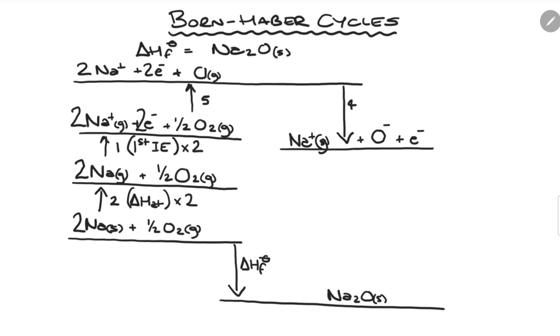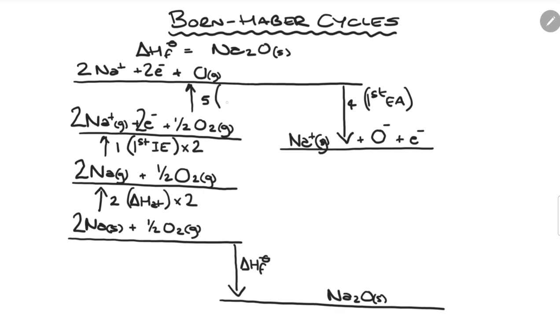The sodium ion is already created, sorry, this is a gas. So we've used one of the electrons to do the first electron affinity, as we called it in the previous clip, where that oxygen has taken on that first electron.